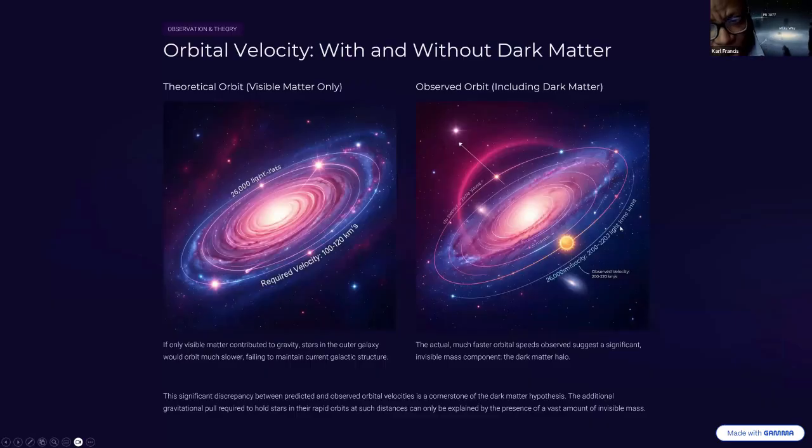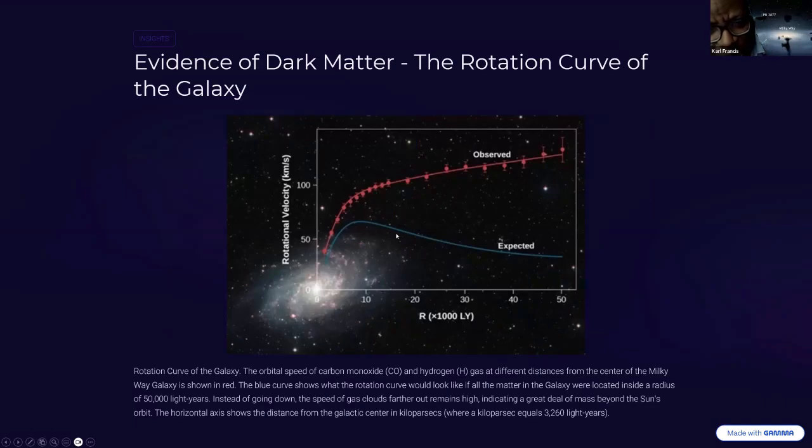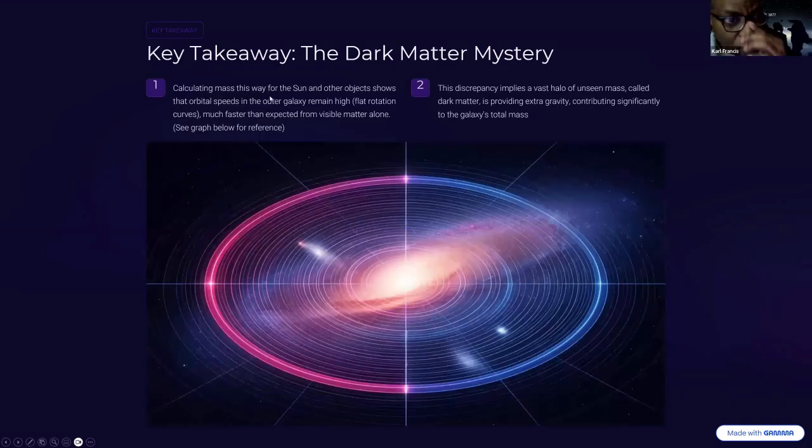But what we observed is the velocity of the Sun is about 200 to 220, right? And they find that what they expect, if it was just visible matter, is that the velocities would drop off, right? So what's the takeaway from this?